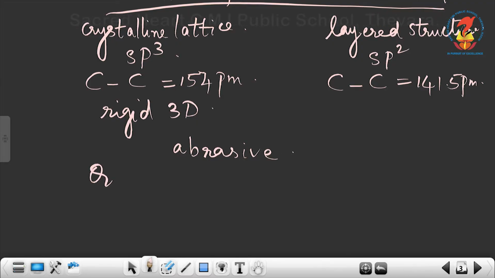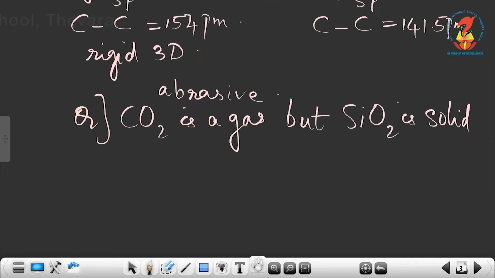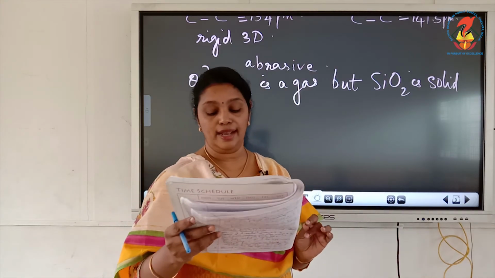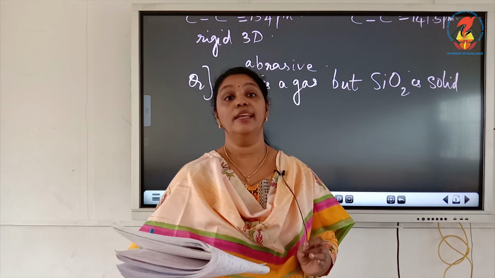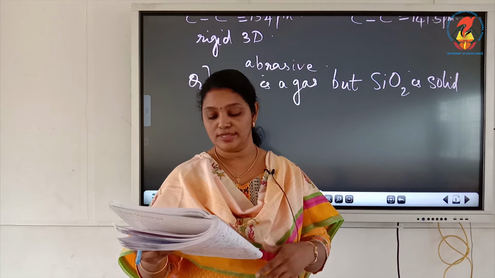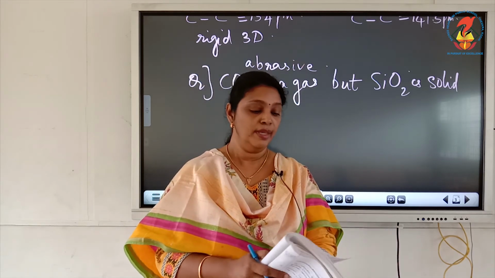The question is, carbon dioxide is a gas, but silicon dioxide is solid. Why? Now, the answer is, due to small size and high electronegativity of carbon, it forms p-pi multiple bond with oxygen, and carbon dioxide molecules are held by weak van der Waals forces.